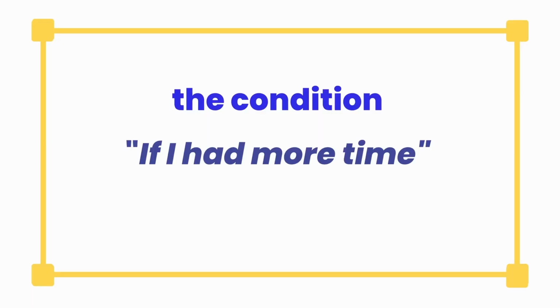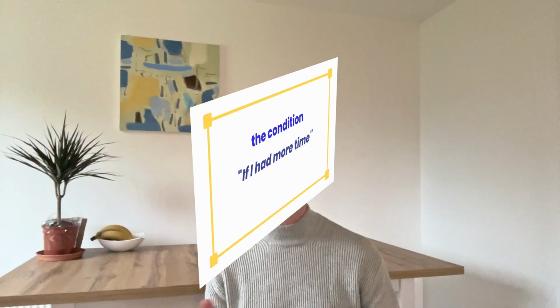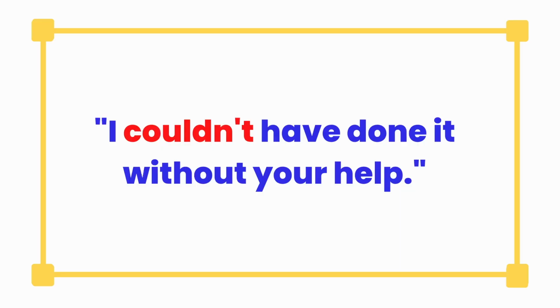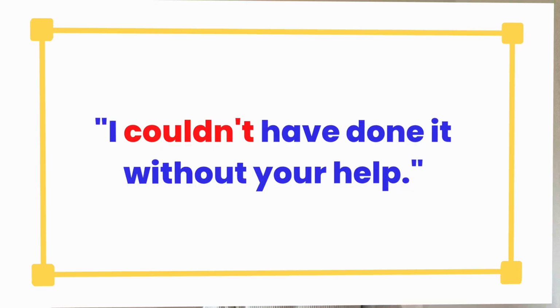In this sentence, the condition is if I had more time, but the speaker couldn't finish the project in time, so it was impossible to go on vacation. Another example, I couldn't have done it without your help.